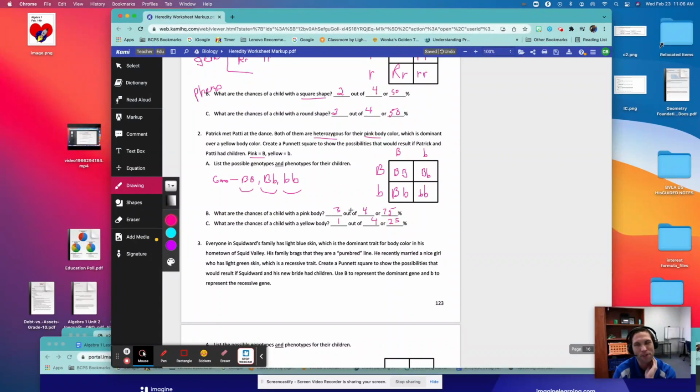Creating a Punnett square, you can see the genotypes and phenotypes of the offspring. And again, this tells you a probability of what's going to happen. So you can never be 100% sure.